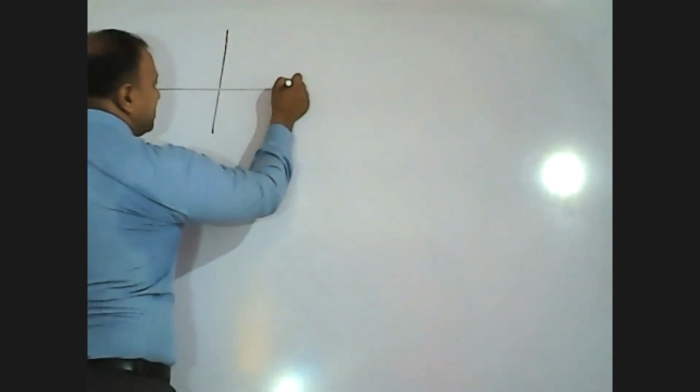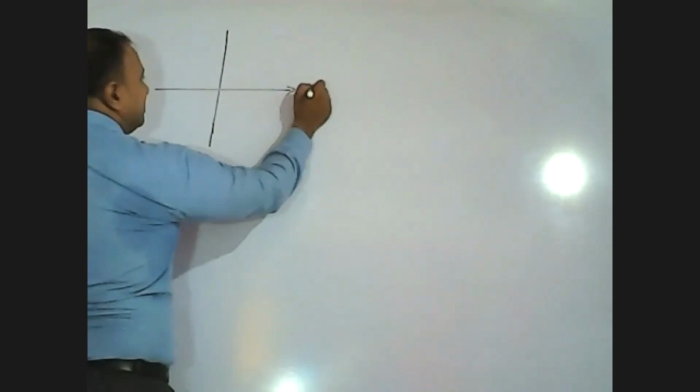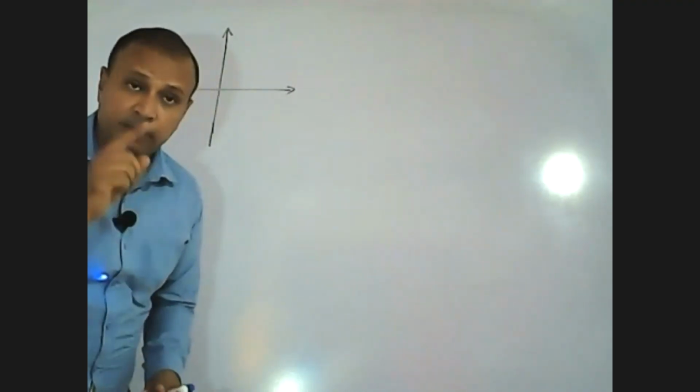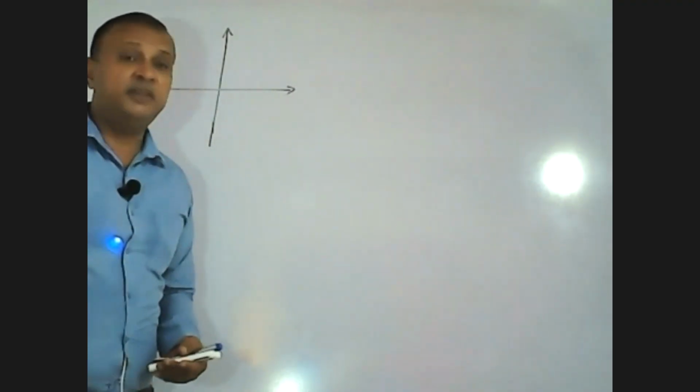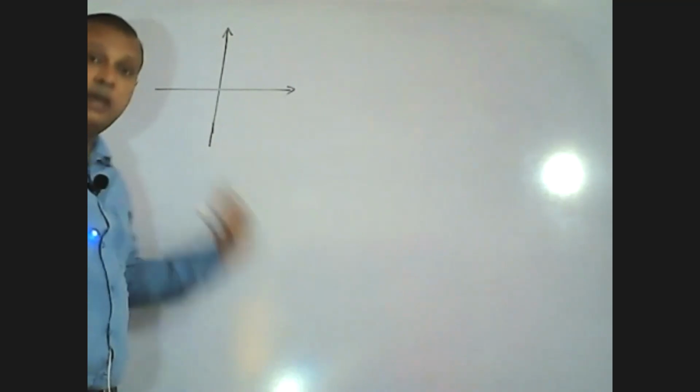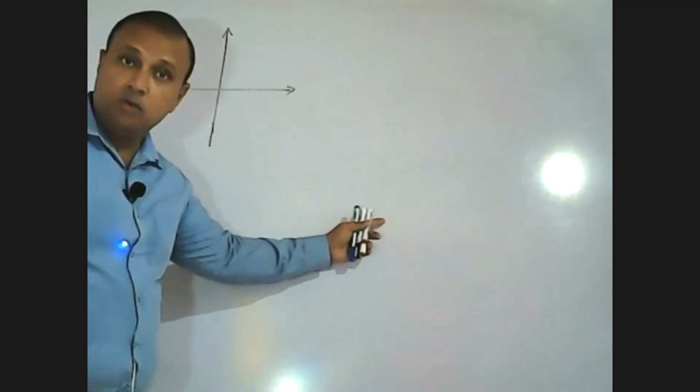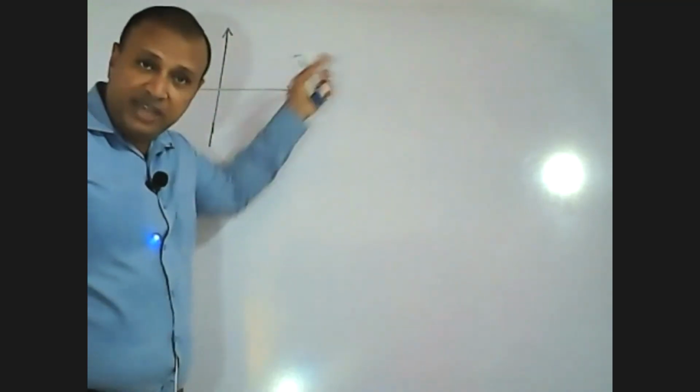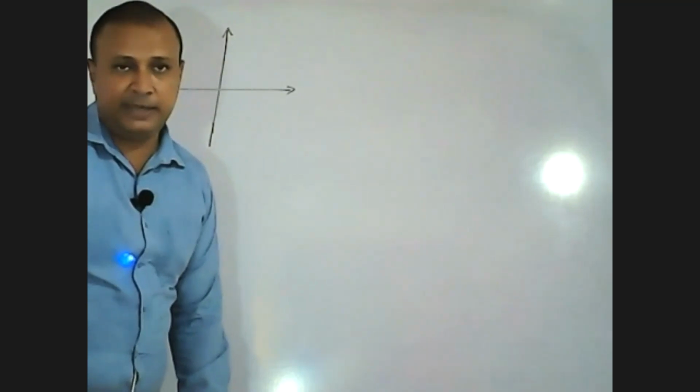So if we use a unit circle to define trigonometric ratios, you can clearly understand that the y coordinate is equal to sine theta and the x coordinate is equal to cos theta.